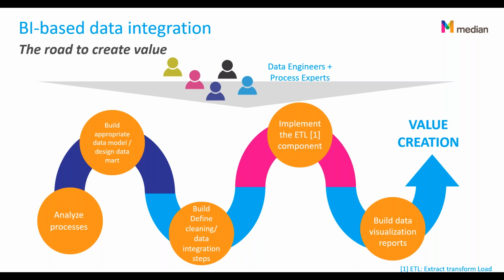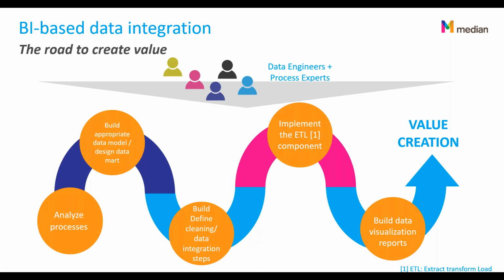Step number 4 is to implement the system doing the extraction, transformation, meaning cleaning and integration, and loading, called ETL for extract, transform, load, relying at Median on Microsoft SSIS and SQL Server solution. And then step number 5 is to build the data visualization report. You can see in this schema that the data visualization report is only step number 5 of 5 steps.